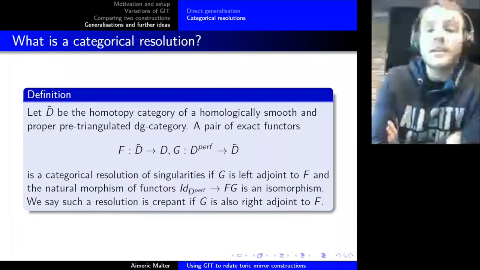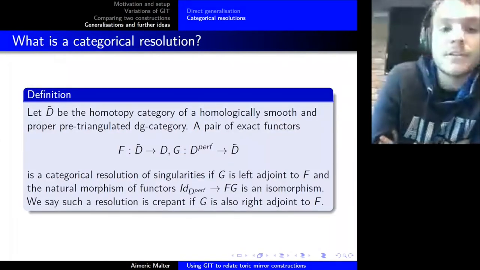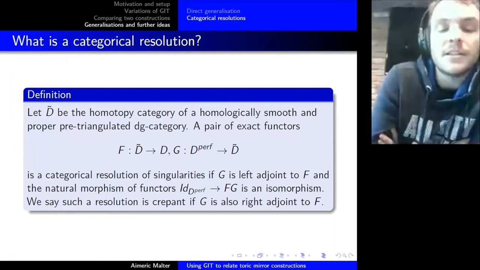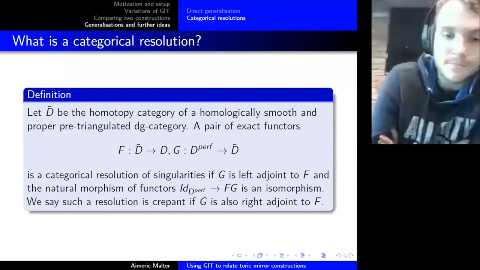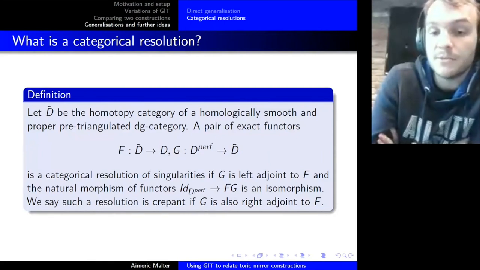So what is a categorical resolution? If we have a derived category D, and if D tilde is a homotopy category of a homologically smooth and proper pre-triangulated DG category, then a resolution is just a pair of exact functors going back and forth, such that one of the functors is from the homotopy category to the derived category we started with.